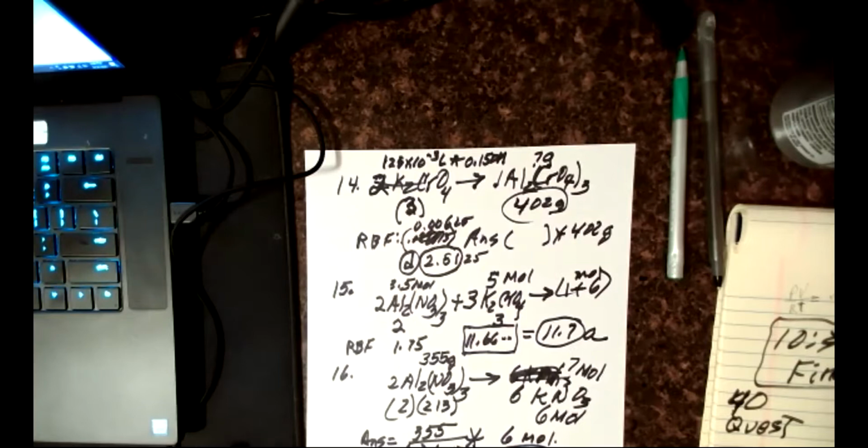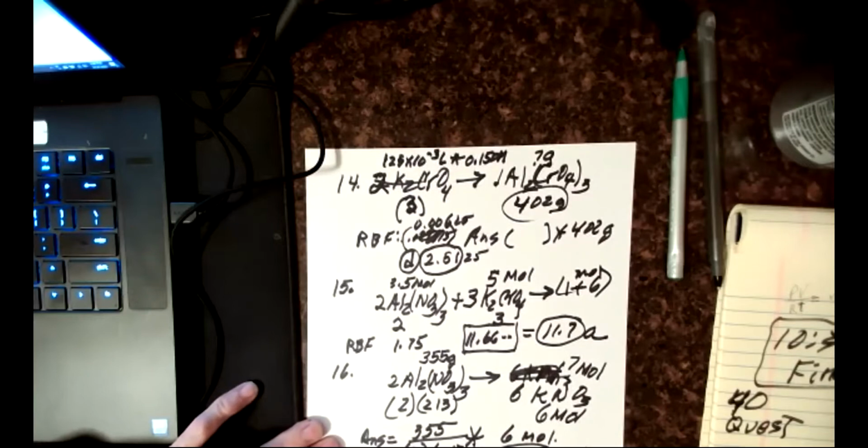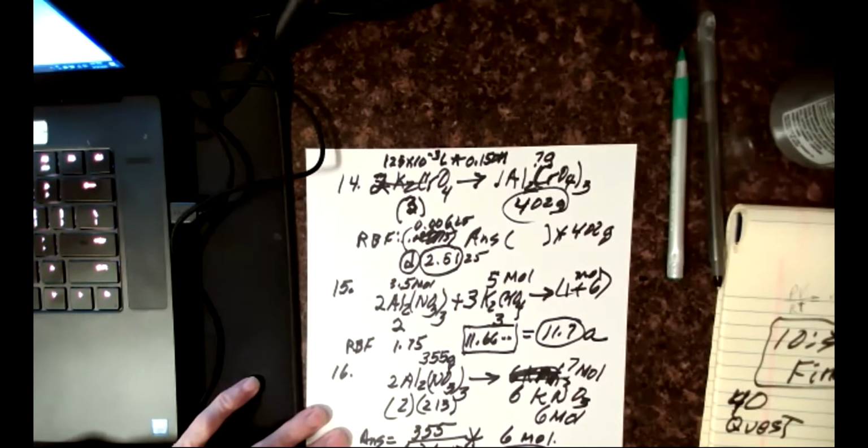And now this one, number 17, is going to work on the same equation. It says how many grams of aluminum nitrate is required to produce 205 grams of potassium nitrate. So it's the same two things, 2 Al(NO3)3 going to 6 KNO3.